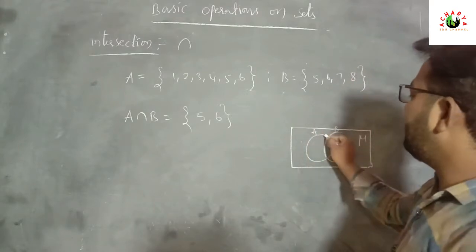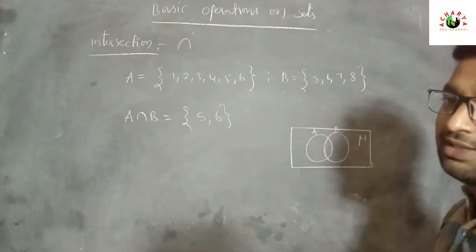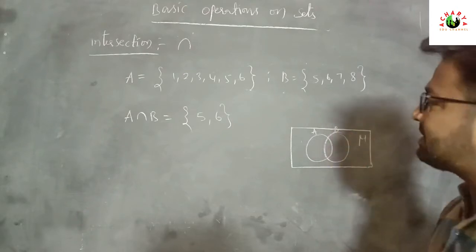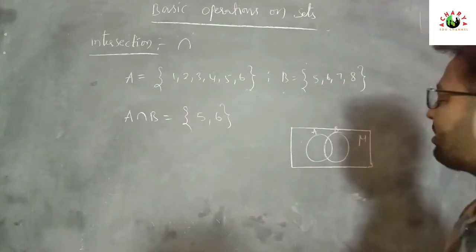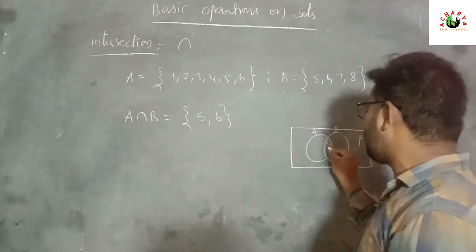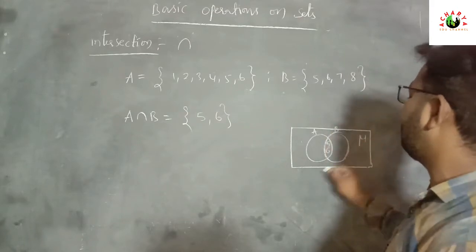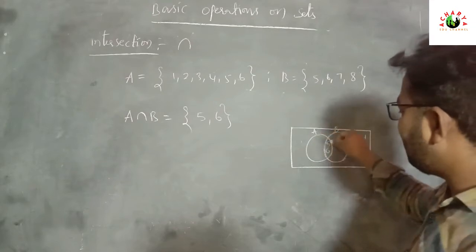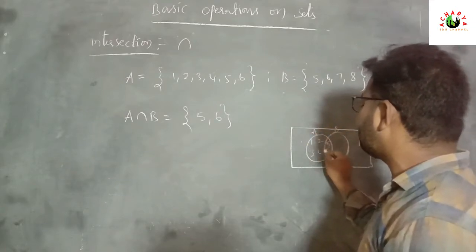See here, when we are drawing the Venn diagram, first we write the common elements of both the sets. Which are the common elements of both the sets? 5, 6 are common elements. We have to write the common elements in the middle of both sets A and B. In set A, 5, 6 completed, the remaining elements are 1, 2, 3, 4.